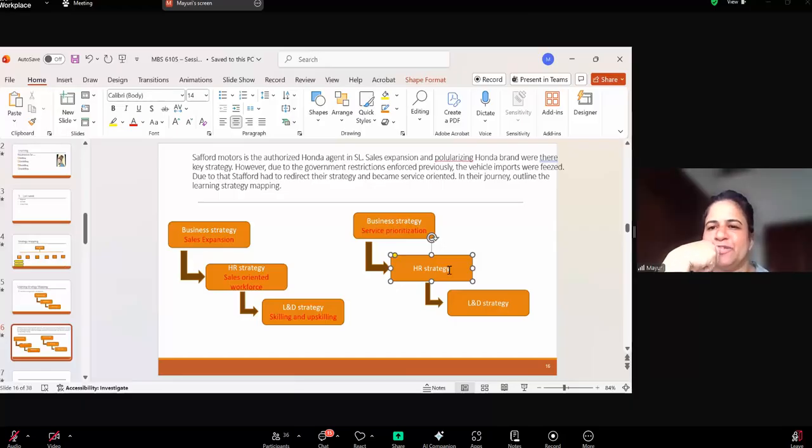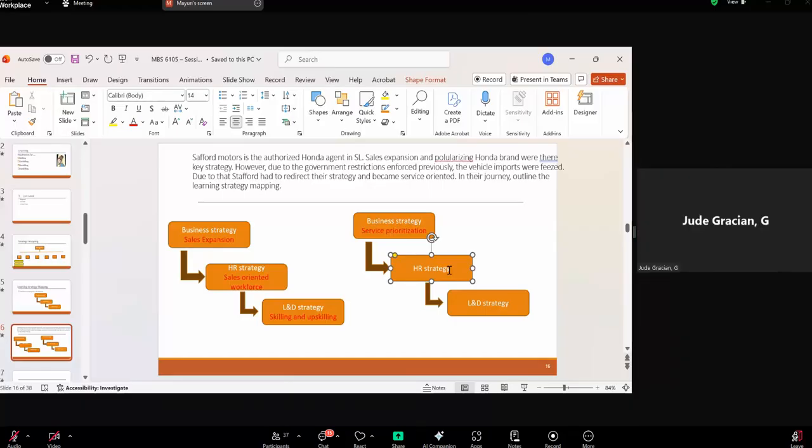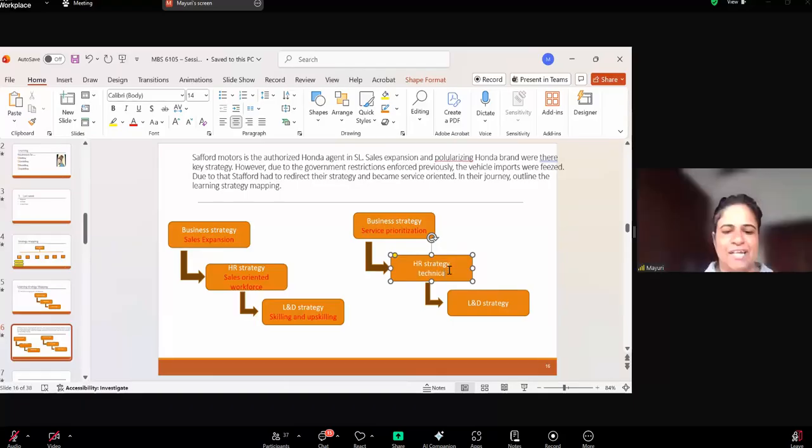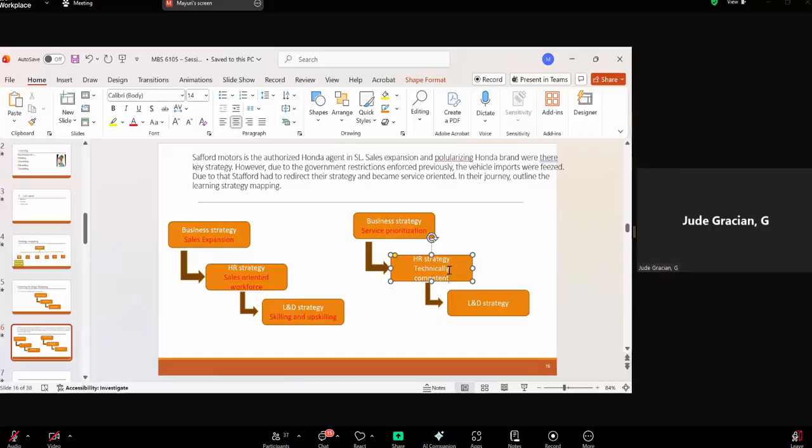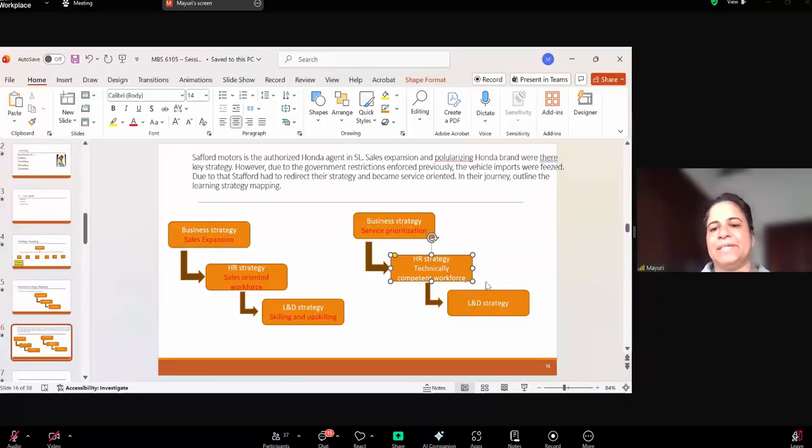You need to be service oriented, so that if you want to increase sales, you need to be technically very good. Technically competent work. Yes, like that, very good. You got it. A technically competent workforce.